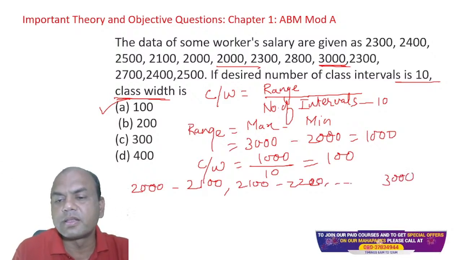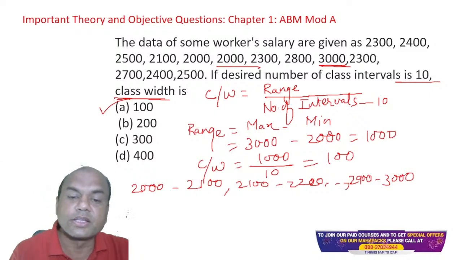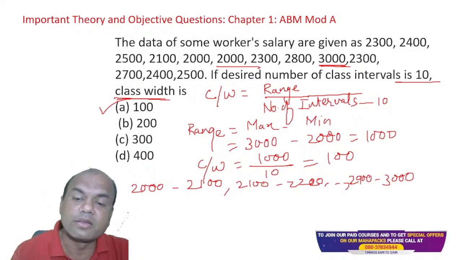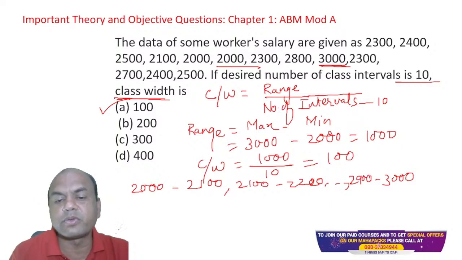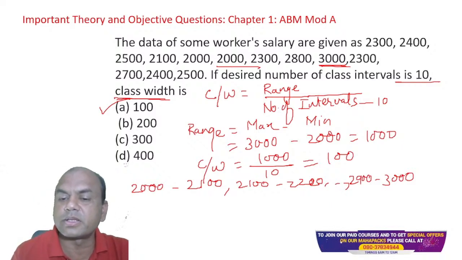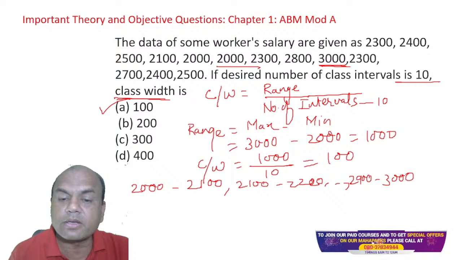The last class will be 2900 to 3000, right? So this is the meaning of width. Now check the difference between each one: 2200 minus 2100, 3000 minus 2900, 2100 minus 2000. So width will always remain the same.